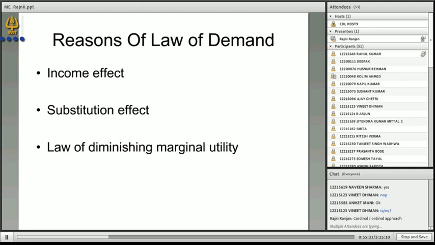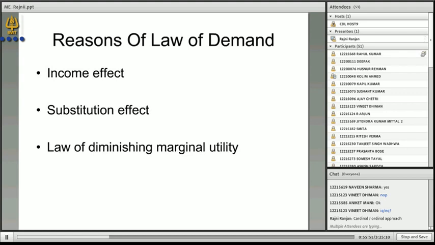They have made it more measurable. Whereas in the ordinal approach, they assume that utility is a qualitative factor.